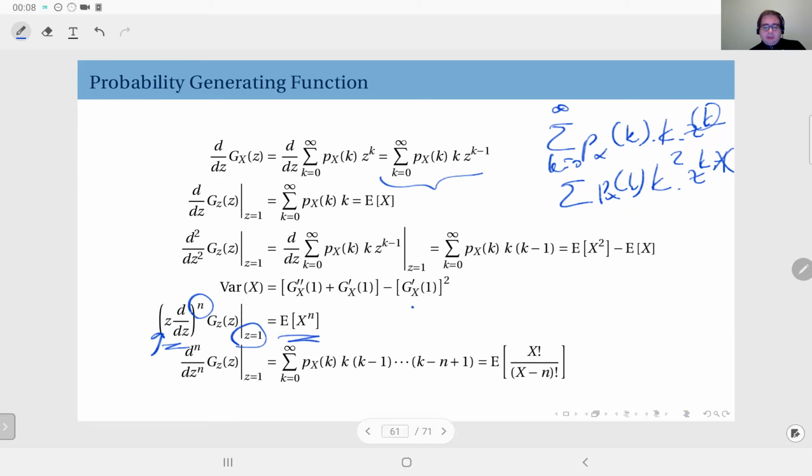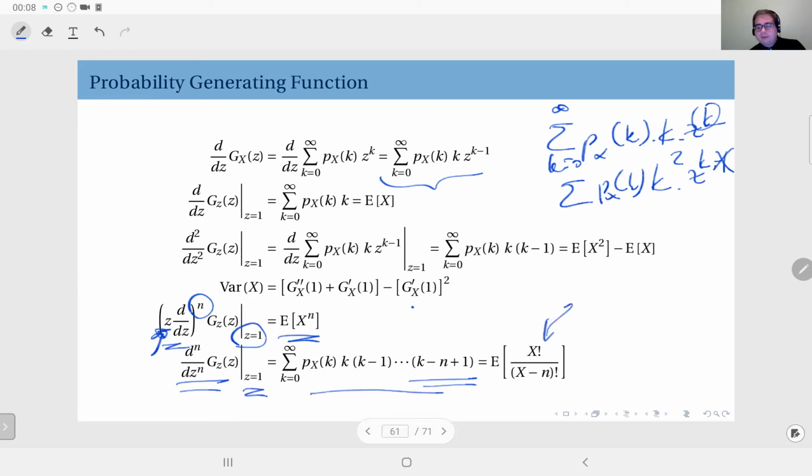If you do not multiply by z after every differentiation, what happens is the nth derivative with respect to z evaluated at 1, instead of k times k times k, you get k times k minus 1, k minus 2, k minus 3, etc., up to k minus n plus 1. So this is what we call a factorial moment.